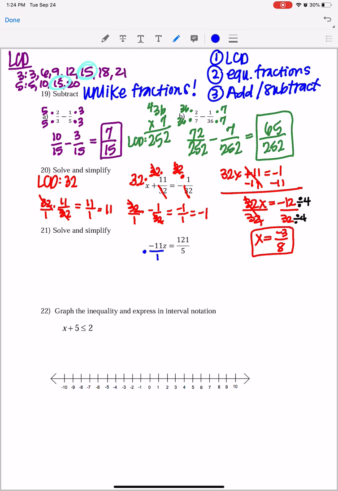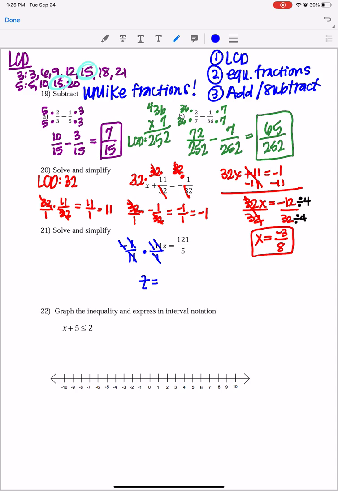The reciprocal just means to flip that fraction. So instead of it being negative 11 over 1, now it is negative 1 over 11. Doesn't matter where that negative goes, as long as you flip the fraction. Instead of being 11 over 1, it's 1 over 11. So my 1s cancel, my 11s cancel. You can even think about your negatives canceling, and we're left with z.